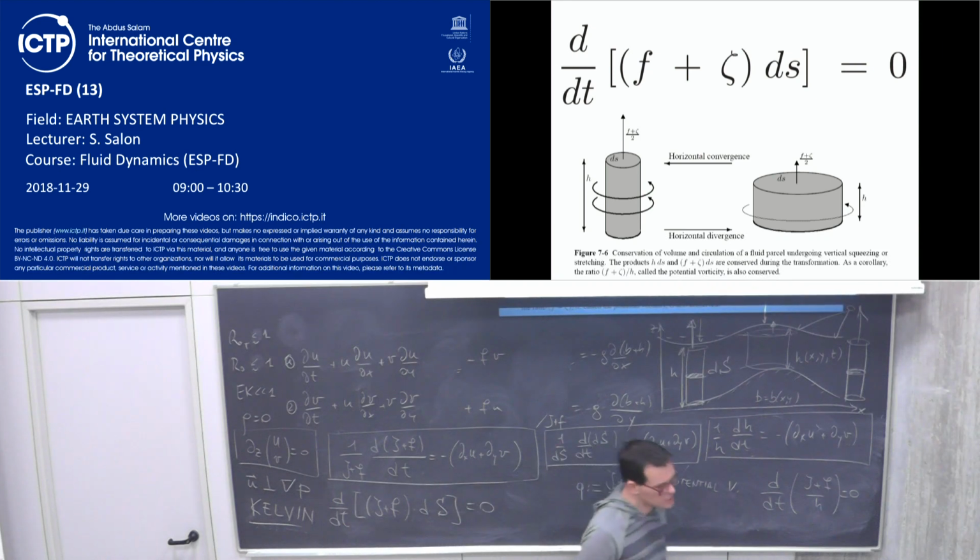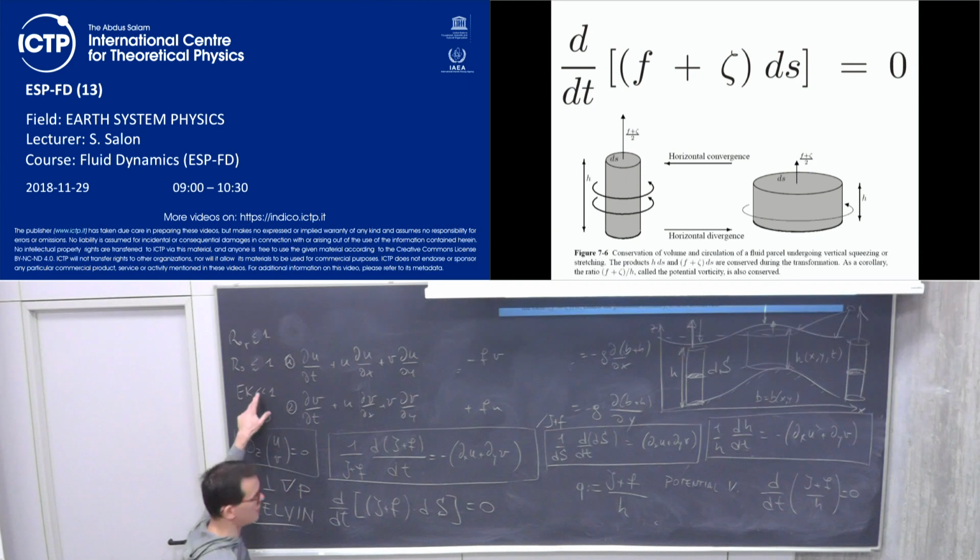So conservation of potential vorticity is another very important aspect of geophysical fluid dynamics that actually can be used to explain, let's say, specific circulation flow in a specific area. Of course, as I said before, it's just the first mode of circulation, okay? Not the whole circulation, because we are still working on homogeneous fluid. We are working far from boundaries, so we are not considering the friction and so on, okay?